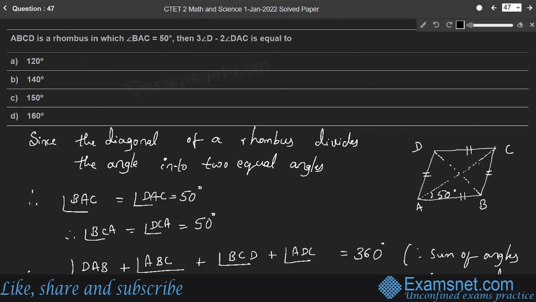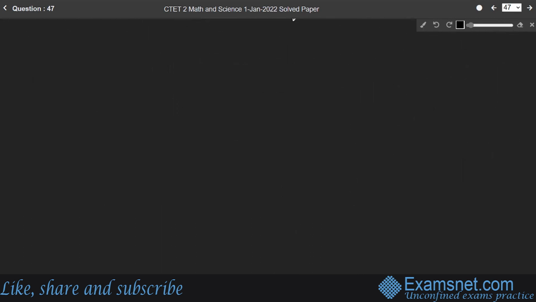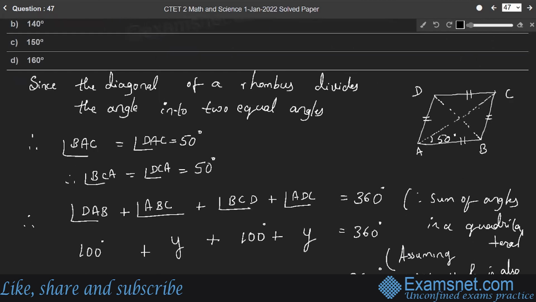Come to the given statement: 3 into angle D minus 2 times DAC. What is DAC?